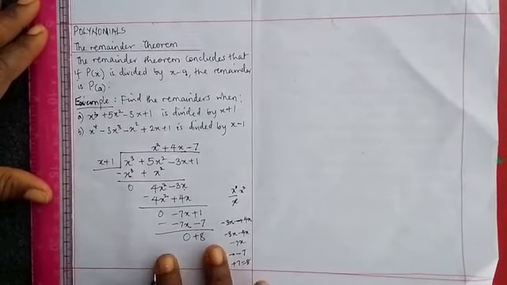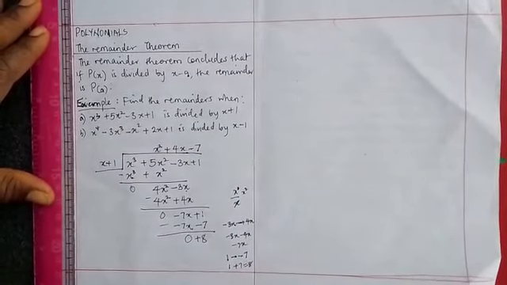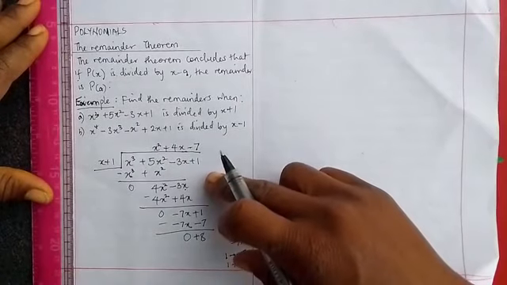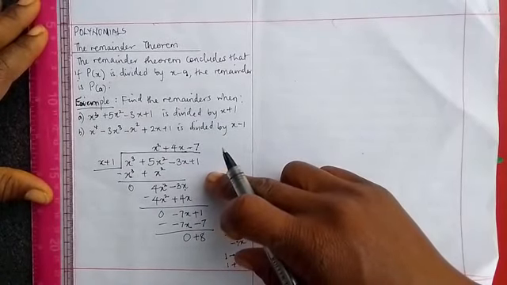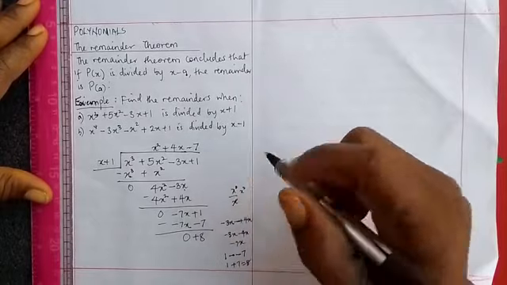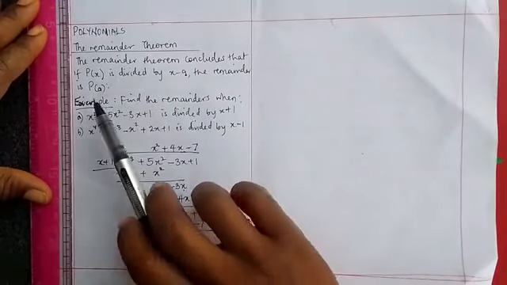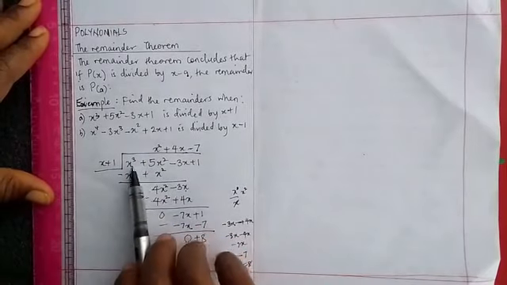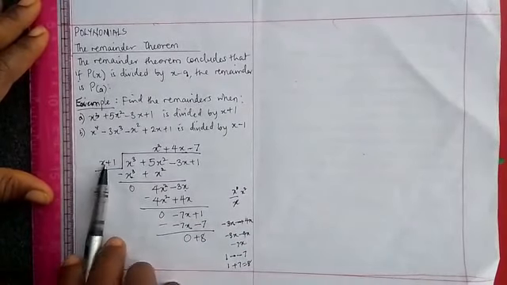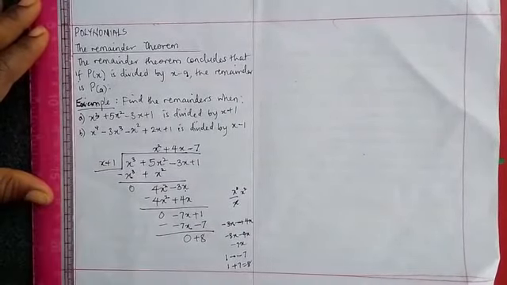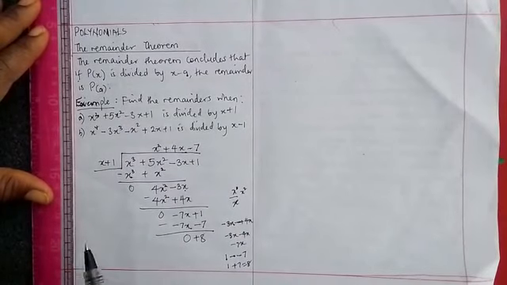Right, so that's that. Now, to apply this theorem whenever you're asked the question, the remainder theorem concludes that if p of x is divided by this, the remainder is p of a.